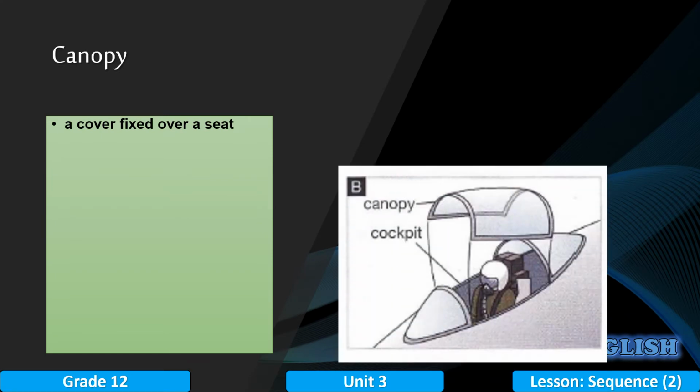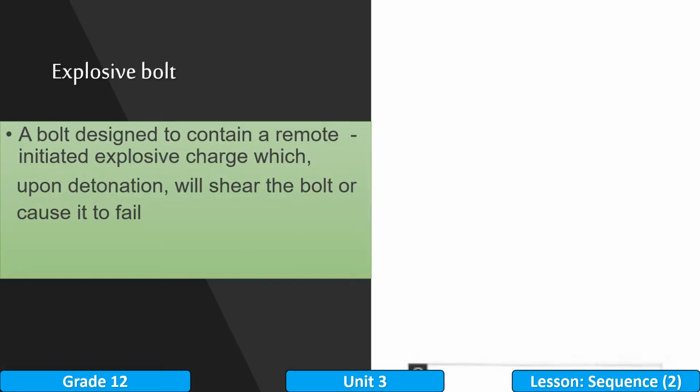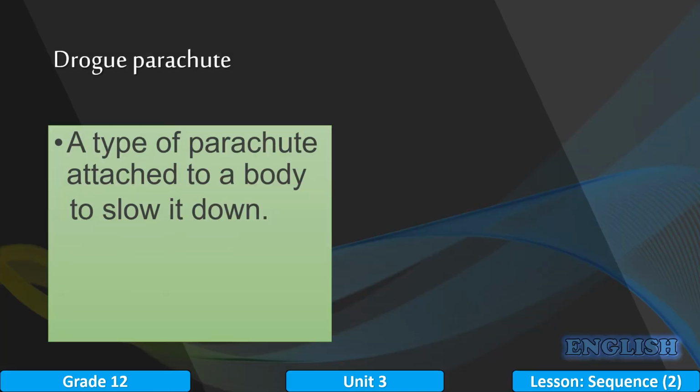Word number 3, canopy, a cover fixed over a seat. Word number 4, explosive bolt, a bolt designed to contain a remote initiated explosive charge which upon detonation will shear the bolt or cause it to fail.